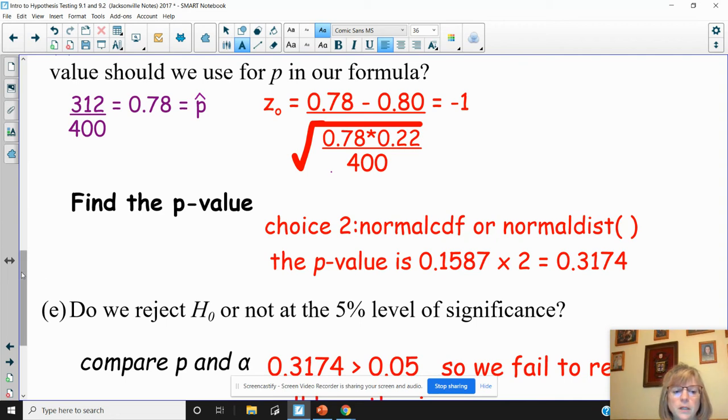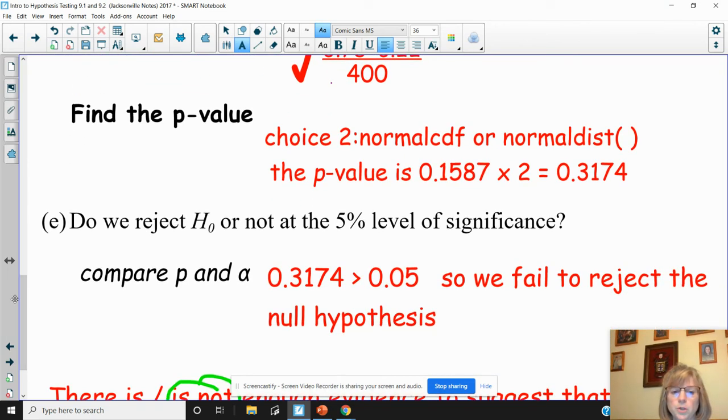To answer question E, do we reject H0 or not at the 5% level of significance, I need to compare this p-value, 0.3174, and our alpha value, our level of significance. 0.3174 is greater than 0.05, and remember the little rhyme, if p is low, H0 has to go?